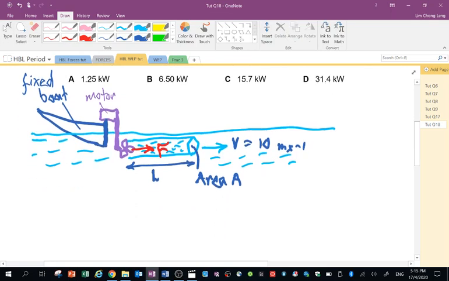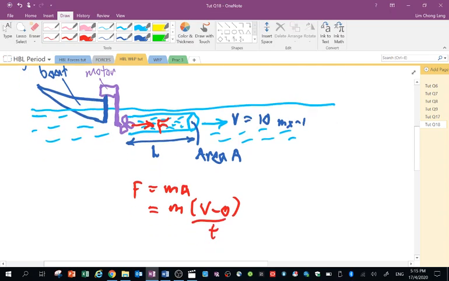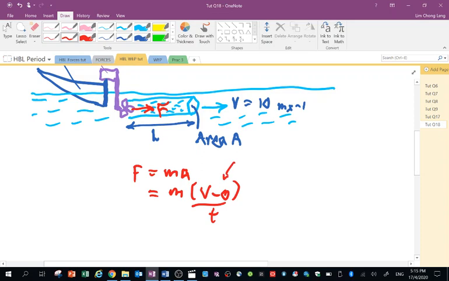So if we apply Newton's second law, F equals ma, we can write force equals m times change in velocity, v minus the initial velocity, which is 0, over t. You may be wondering, what is this initial velocity 0?